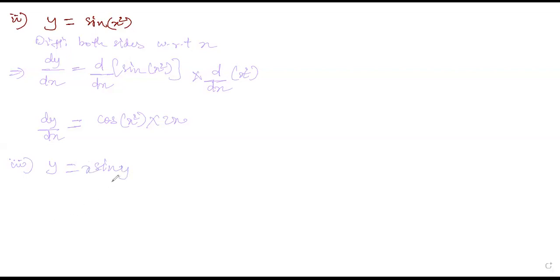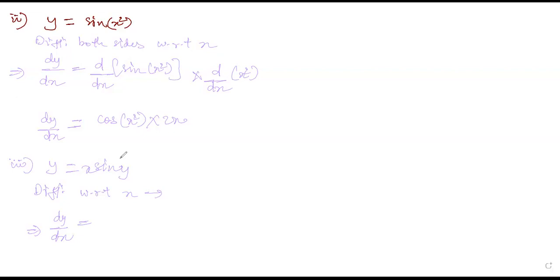Y is equals to x into sin y. Now if I differentiate both sides with respect to x, the left hand side becomes dy by dx, right? The right hand side is a product of two things, x and sin y, right?